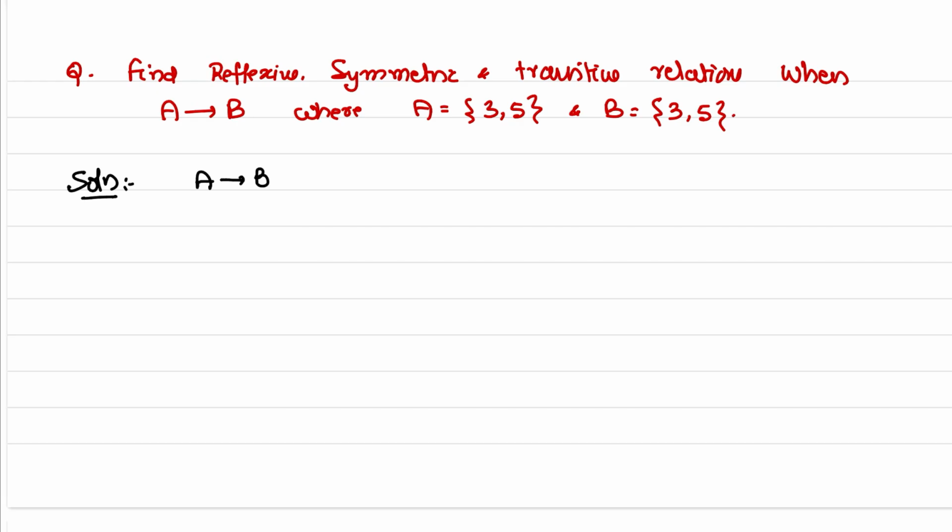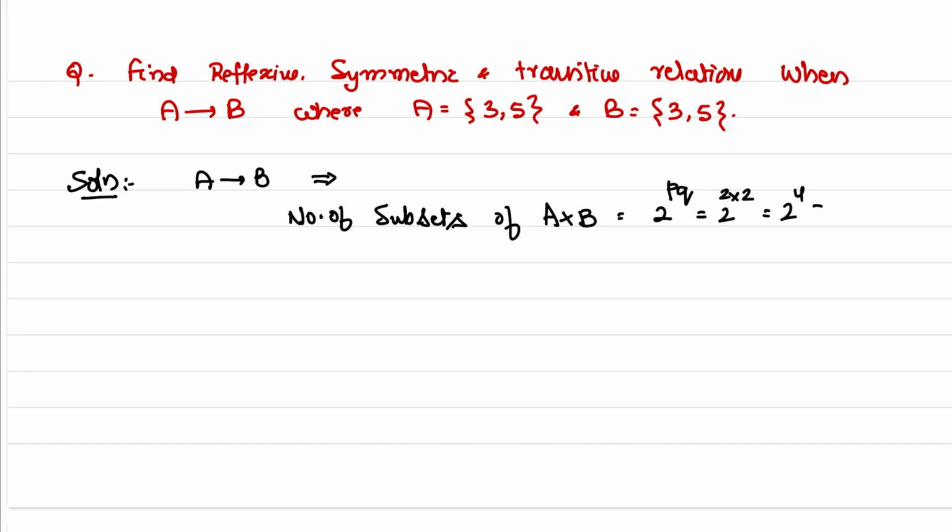When the relation A to B is established, or mapping A to B is established, the number of relations, the number of subsets of A cross B, is equal to 2 to the power of PQ, that is equal to 2 to the power of 2 into 2, that is equal to 2 to the power of 4, that is equal to 16. The number of subsets is nothing but the number of relations.